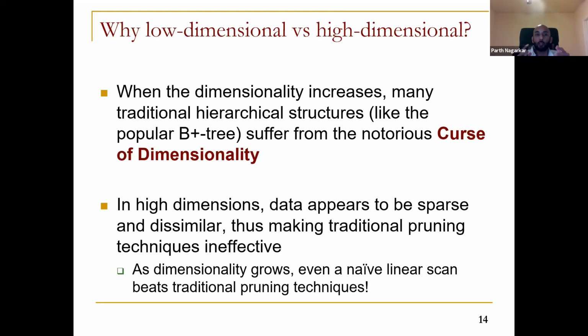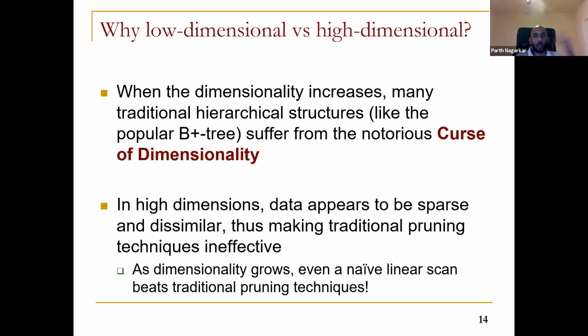It has been shown that as dimensionality increases, let's say to more than 10 dimensions, even a naive linear scan or brute force search beats these traditional hierarchical structures for really high dimensional data sets.